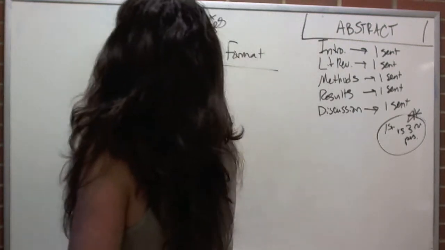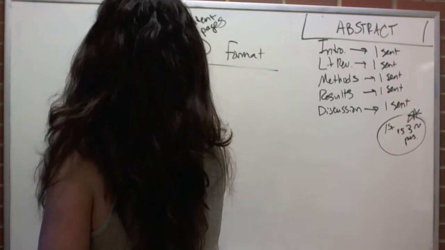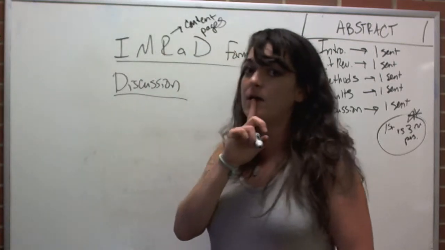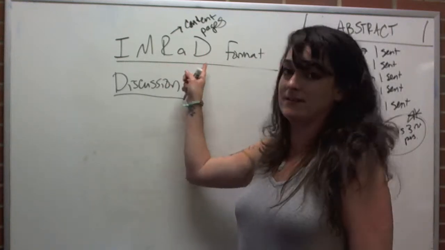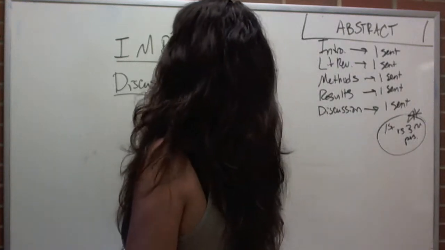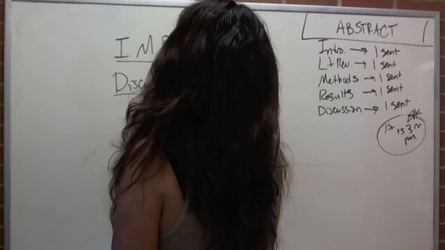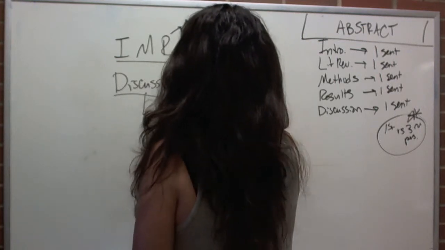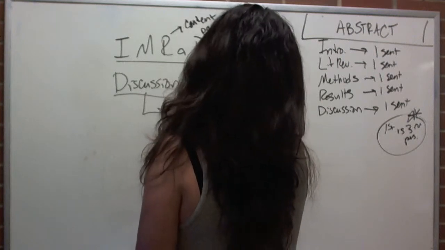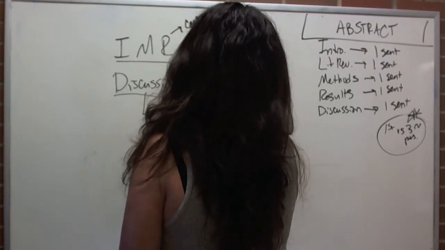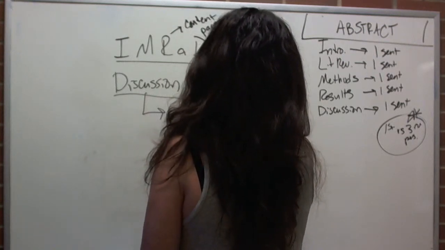Okay. The final content section, hear me, not overall section of this IMRaD format. The final content section is discussion, okay? Discussion is the only place, that is not how you spell that, only place, emphasize place, you can use first person.